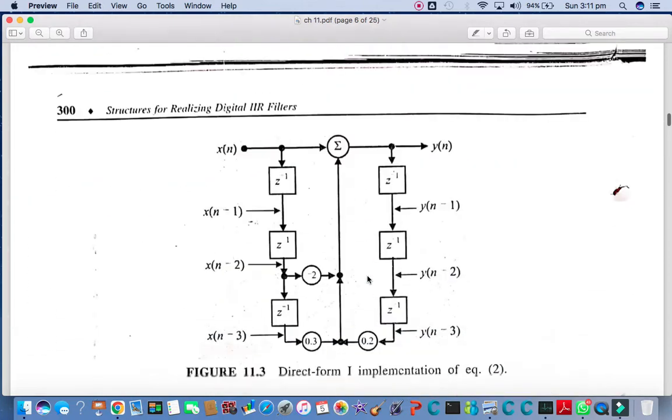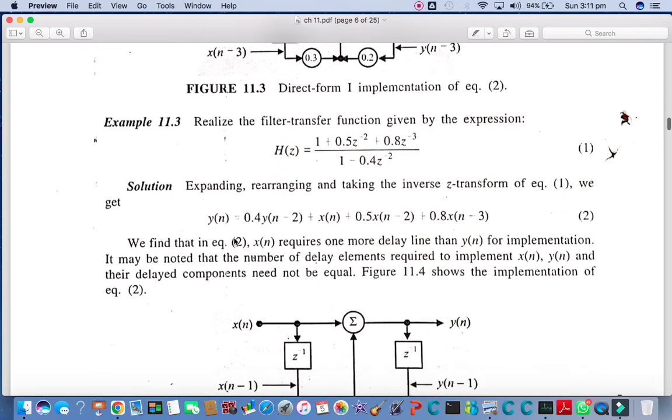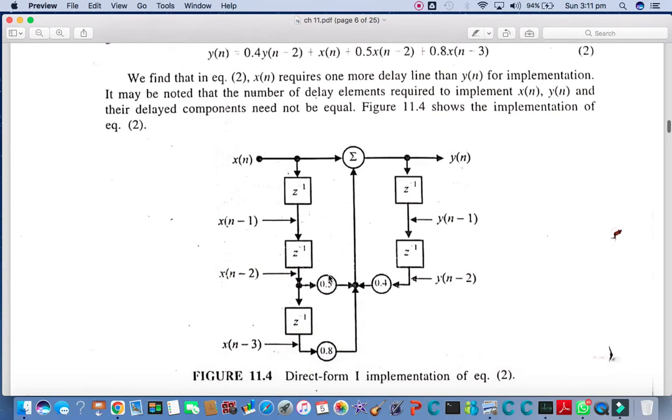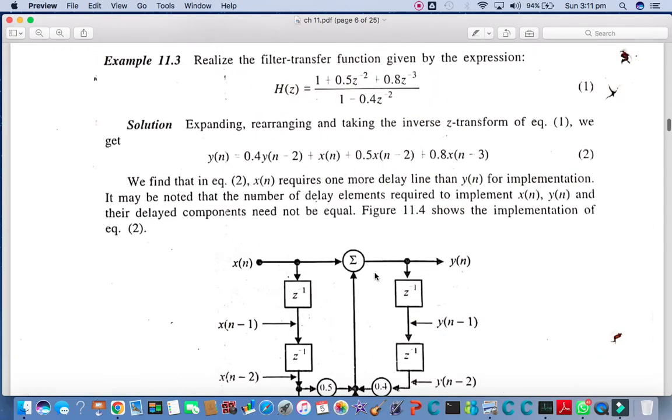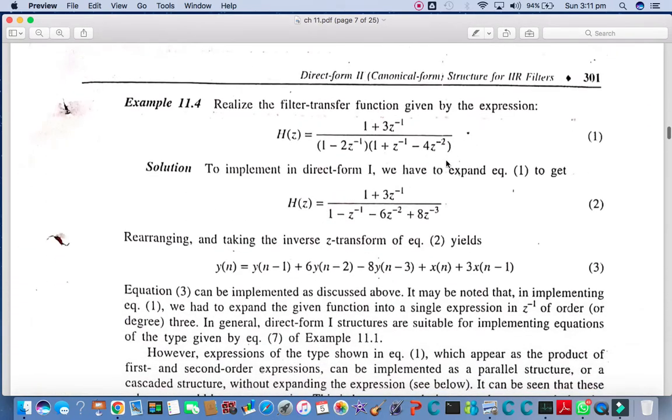Okay, so another example, here we have another kind of transfer function. We use the same method, converting that equation from z form into discrete time form. Then, with the help of delay elements, multipliers and summation elements, we logically draw this equation into a diagram, and this is the realization of that digital IIR filter.